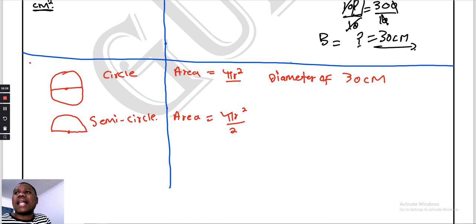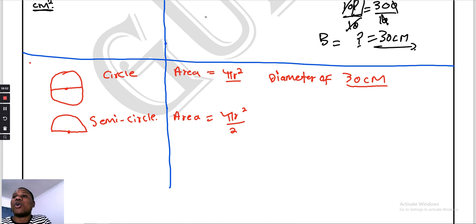Okay, now we have a diameter of 30 centimeters, but in our formula here the diameter doesn't fit in. We cannot use our diameter to calculate the area of a circle. So what are we going to do? We are forced to start by calculating the radius of that diameter.